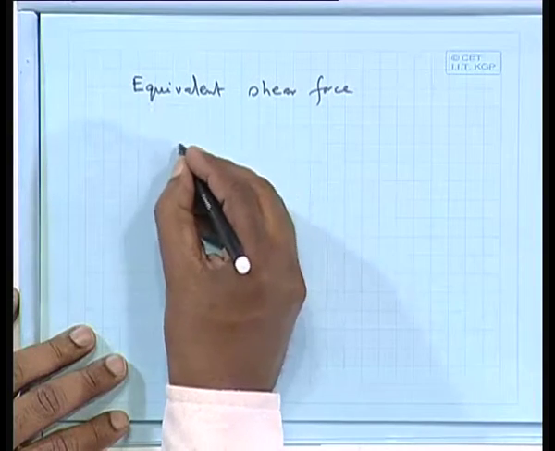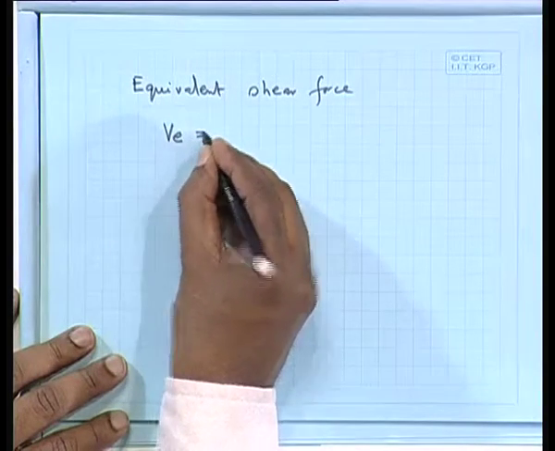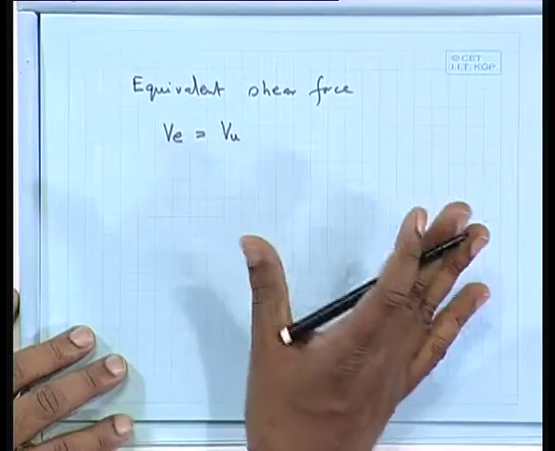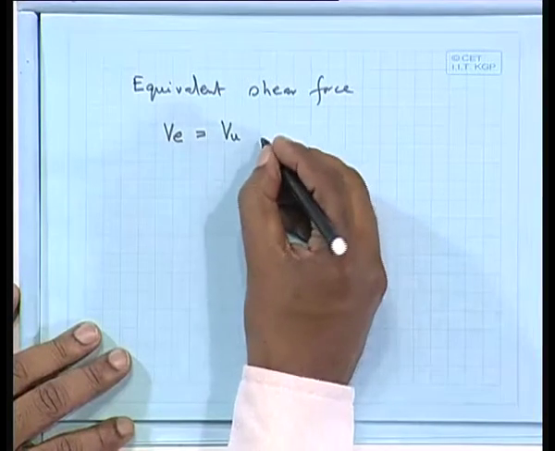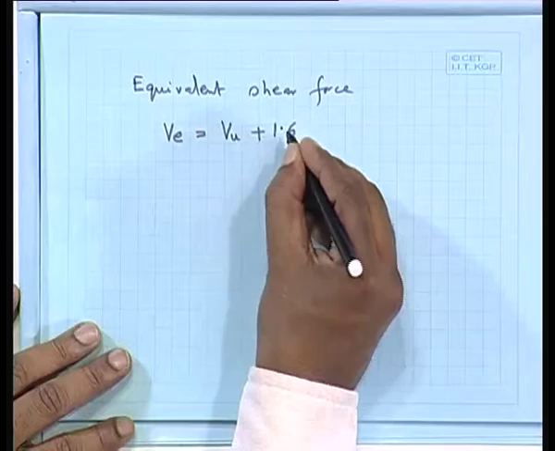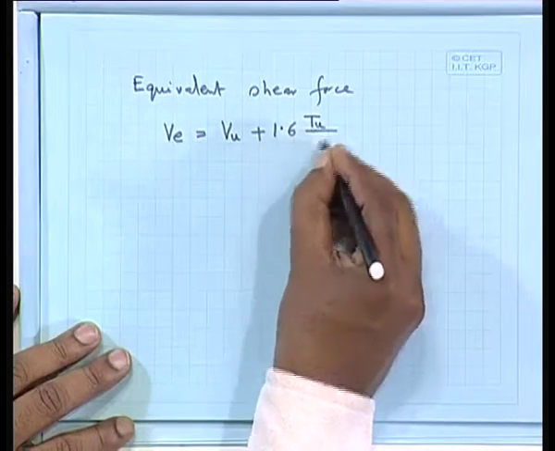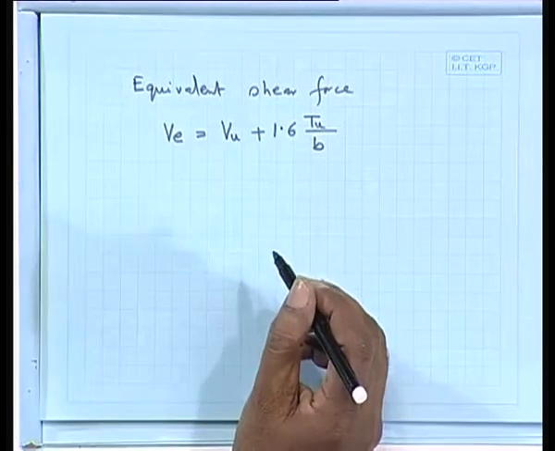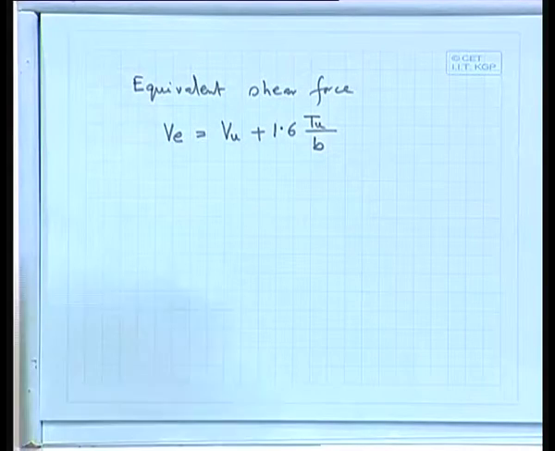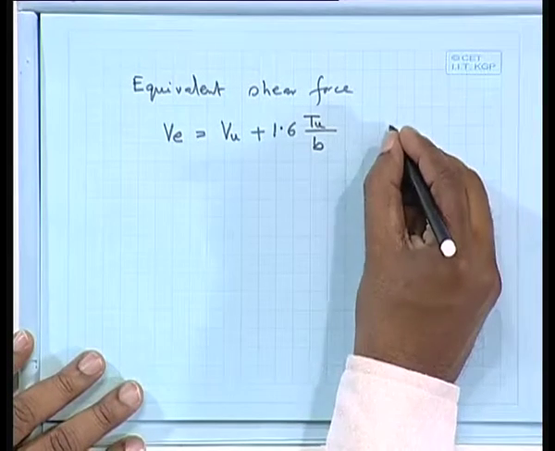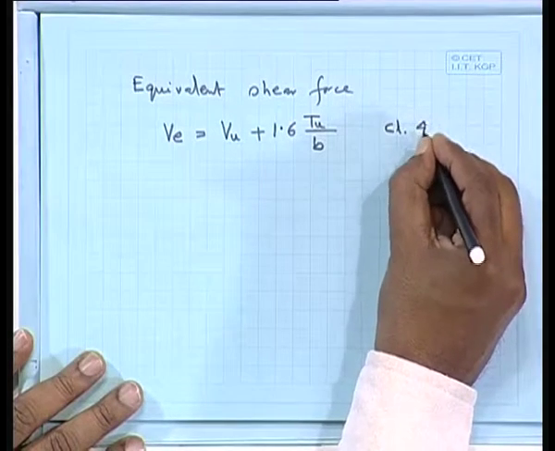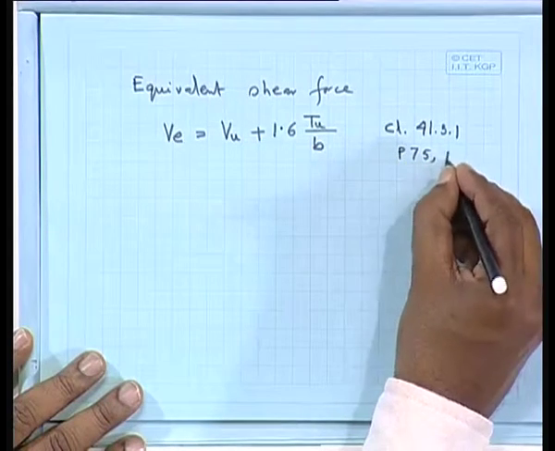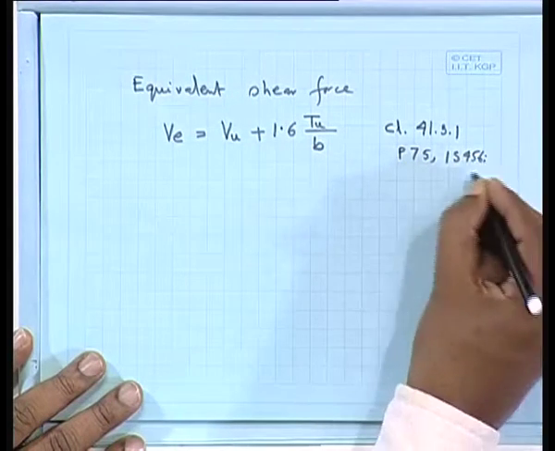I can say in a particular section, where that torsion is acting, VE equals VU, the shear force from the usual way you have got it, plus 1.6 TU by B. This is available in clause 41.3.1, page 75, IS 456 2000.